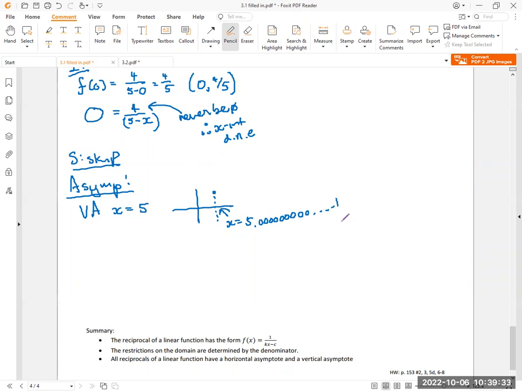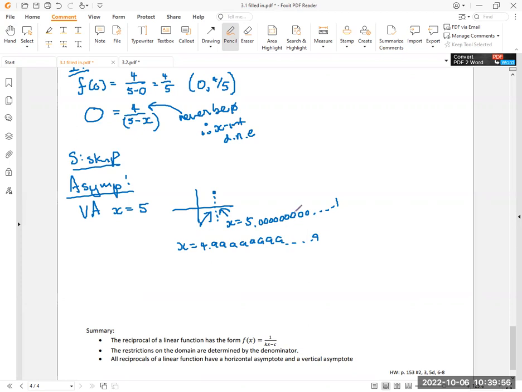I want to know if it's going to be up here or down here. I also want to check what the behavior is if x equals 4.9999999999999999999. So infinitely close to 5, but on the left side, right?